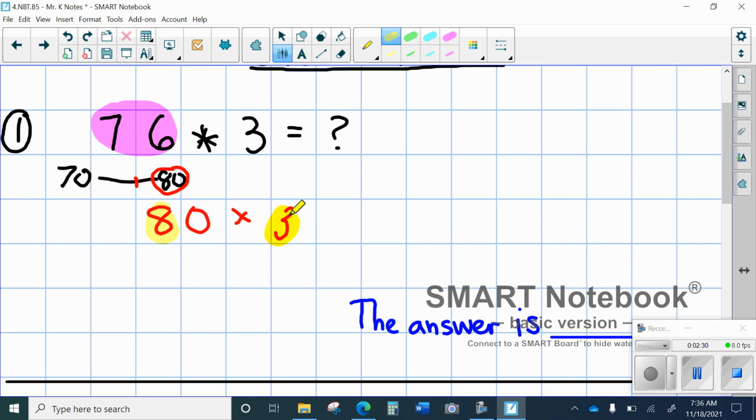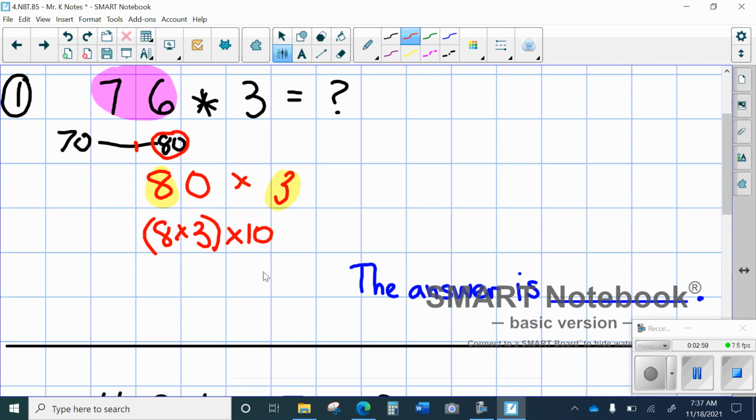We're going to break it down and say 8 times 3, and we're going to group that. And then we have the 0 here, so that's like saying times 10. 8 times 3 is our basic fact, that's what we're multiplying first. And we're multiplying by 10 for our second step.